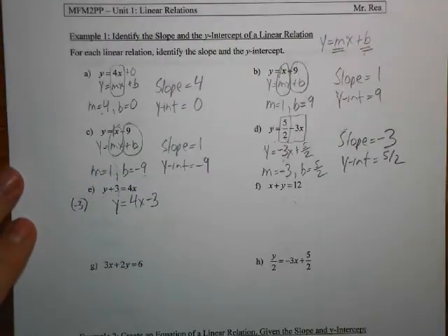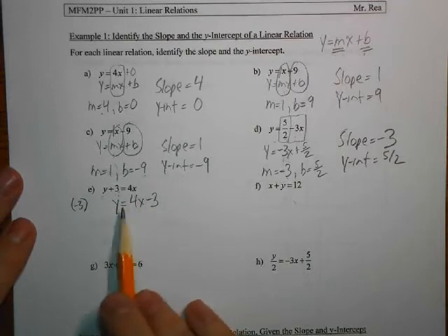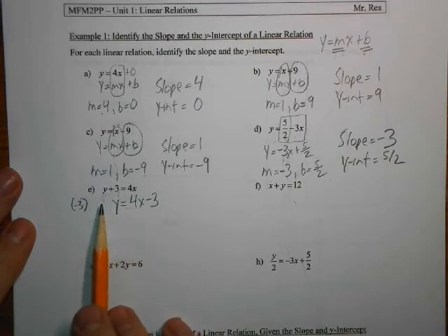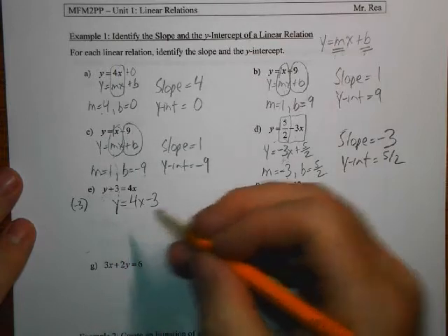Okay, so it can be a little difficult at times, but just think to yourself, I want to get that y all by itself. What do I need to do to undo what's being done to the y right now? Okay, so in this case, we get y equals 4x minus 3.